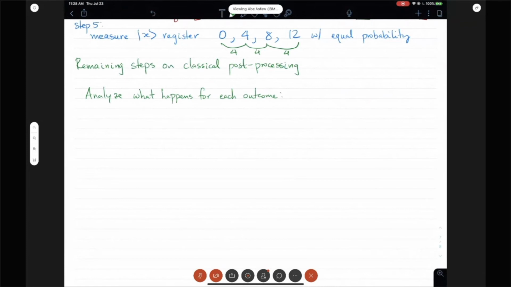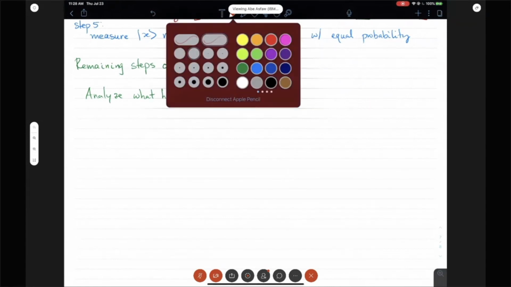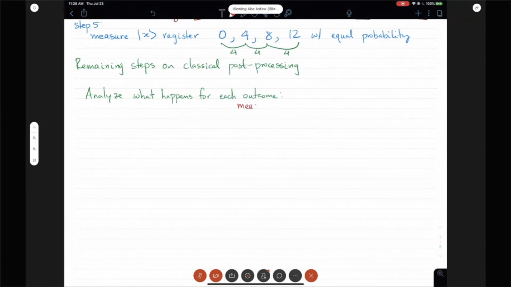It's important to note that the measurement results, I'll write this in red because it's worth emphasizing, peak for Shor's algorithm near j times n over r for some integer j.